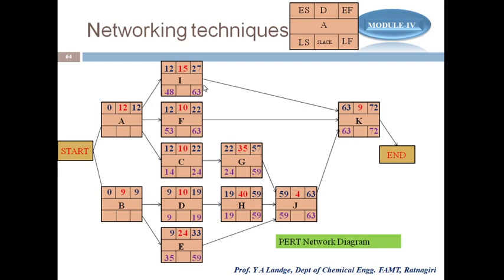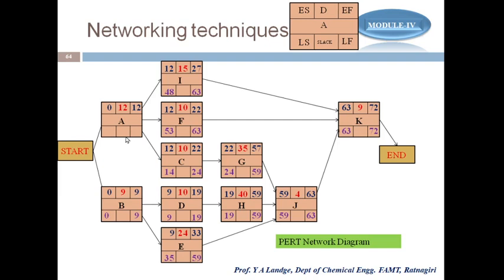As we go in a forward direction we choose the maximum value, but as we go in a reverse direction, we choose the minimum value. As B has two forward activities, D and E, from them we choose the minimum value, and here the minimum value is 9. That's why we take the LF value as 9, and then 9 minus 9 gives the LS, which is 0.